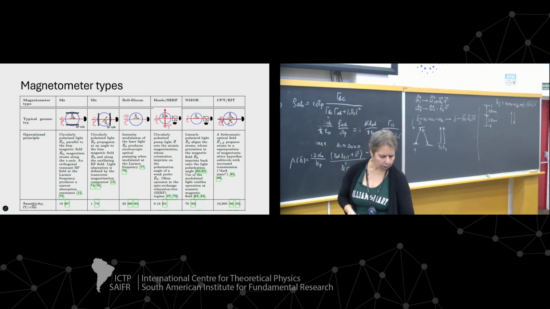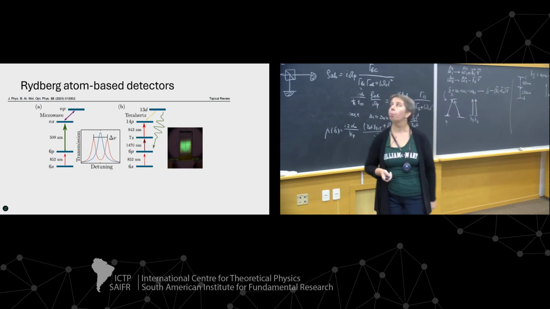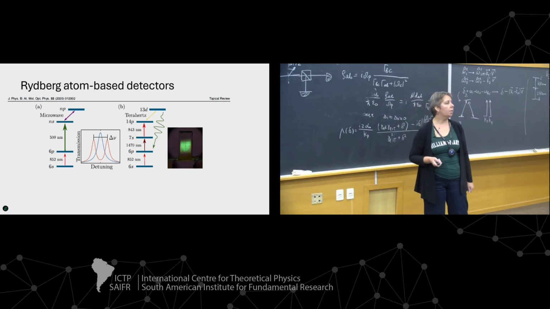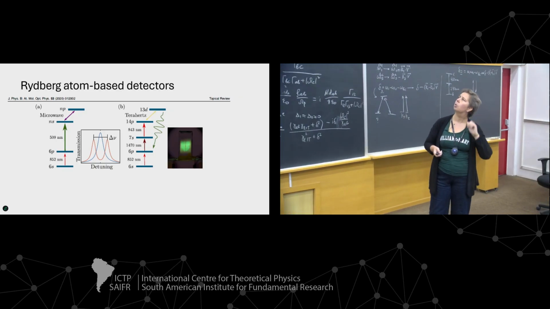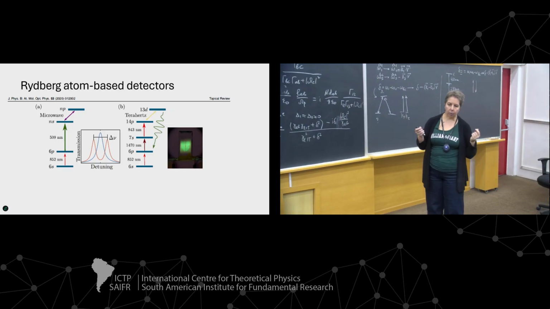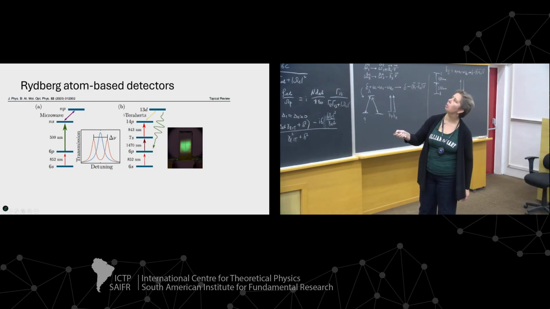And just for completeness, as I said, I spent a lot of time talking about magnetometers, but EIT is also very much in operational status for electrometers. And here is an actual example of how they use this splitting.